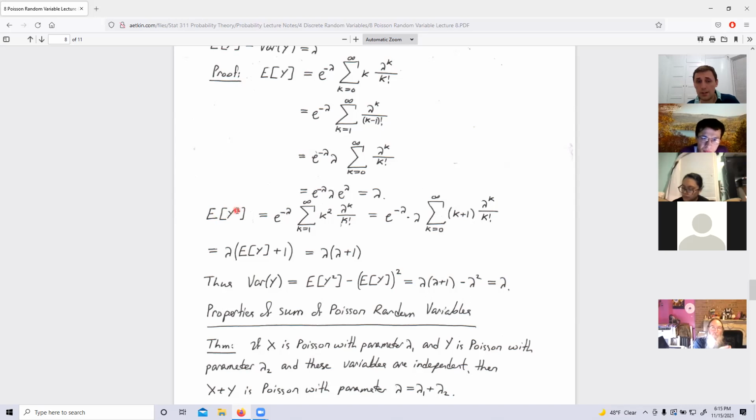The expected value of y squared is, we have a k squared here.